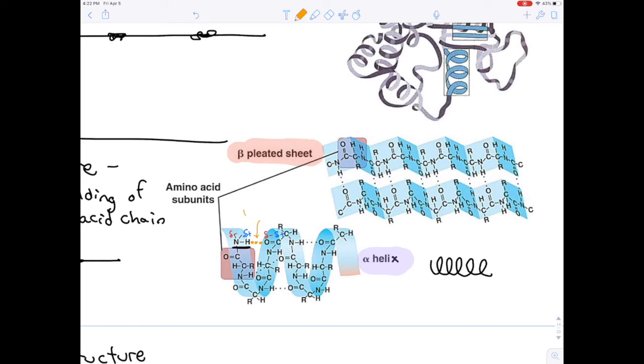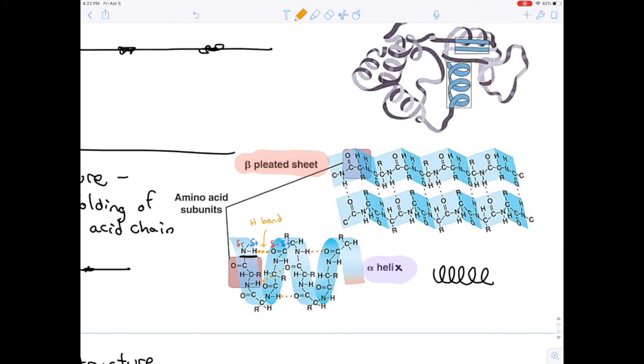That is a hydrogen bond. It's not a covalent bond, it's around 30 times weaker than a covalent bond, but it is the strongest intermolecular force. And so you get those repeating throughout the molecule, and they give rise to this coiling shape.